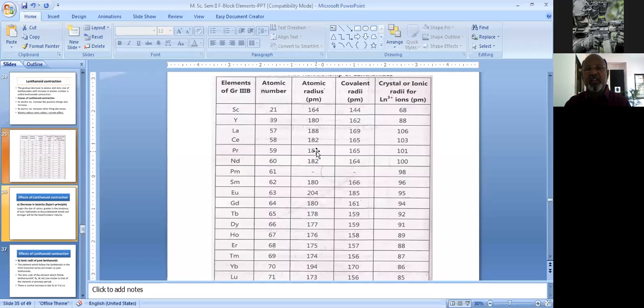Then these ions are kept in contact with the resin bed for a very long period of time, and this ensures the close, intimate contact of lanthanide tripositive ions with the resin bed itself, and because of this, effective separation is brought about. And if we keep a reservoir or receiver at the bottom of this column, then after adding the solution from the top of this column, different colored bands were obtained on the column itself.